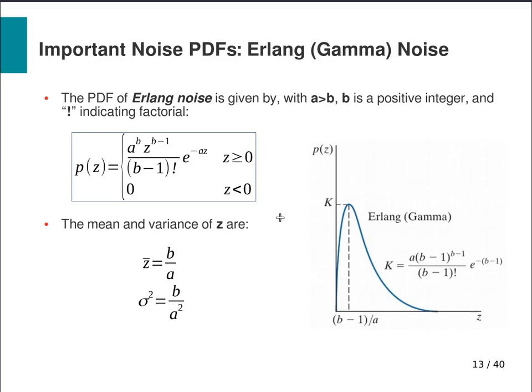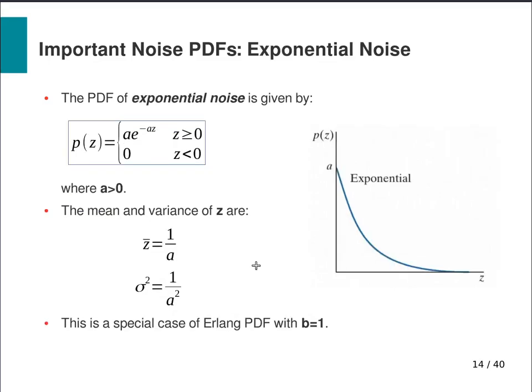So if you use that definition for the factorial, which is the definition of the gamma function, then you can call this a gamma noise as well. And as for the graphical representation, you have this figure to the right that shows the graph of the Erlang or gamma noise. Then the next one is the exponential noise.